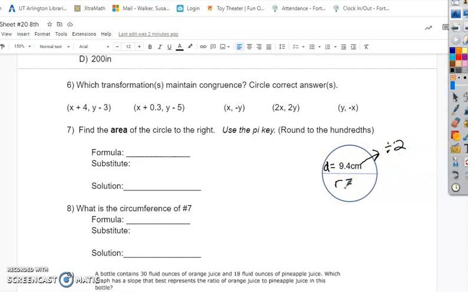Punch it in your calculator, what is your radius? Now go to your formula chart and copy down the area and circumference formula. Please use the pi key.